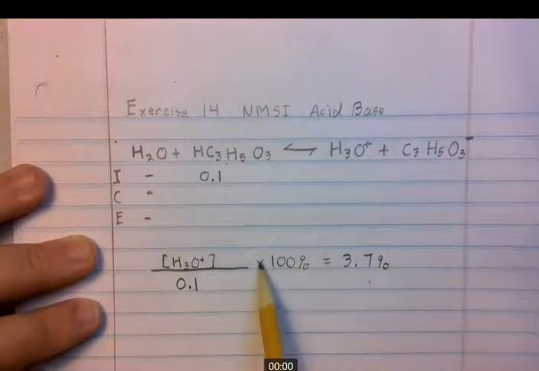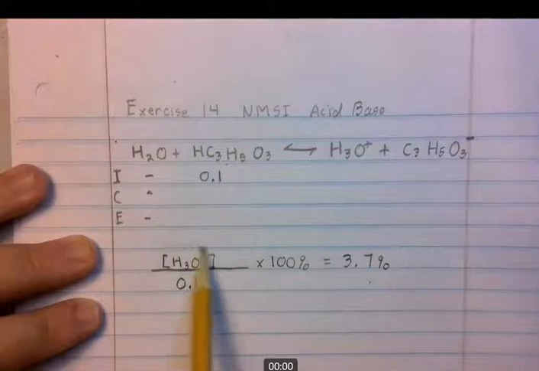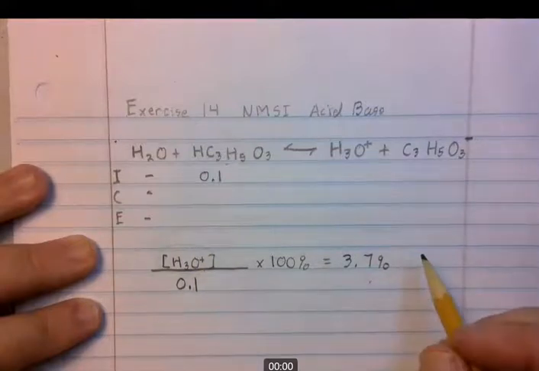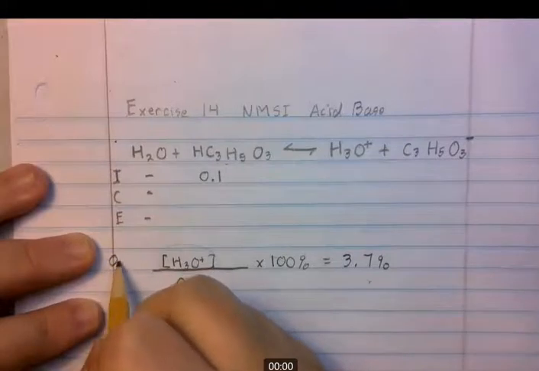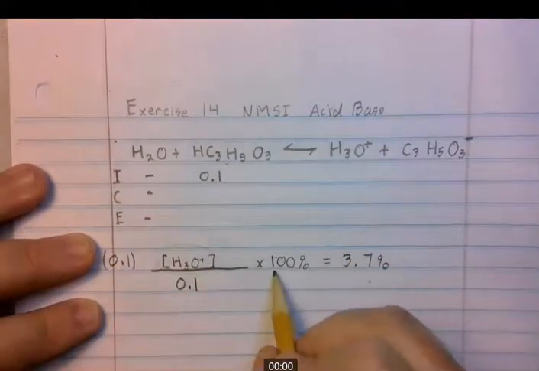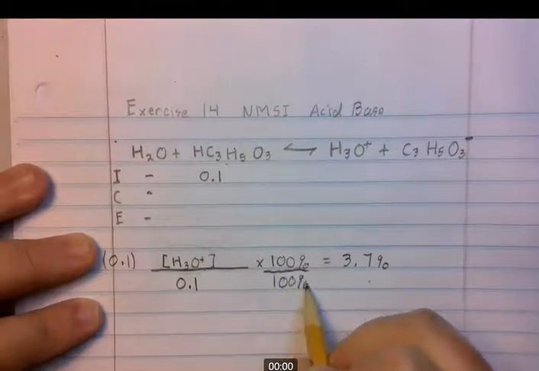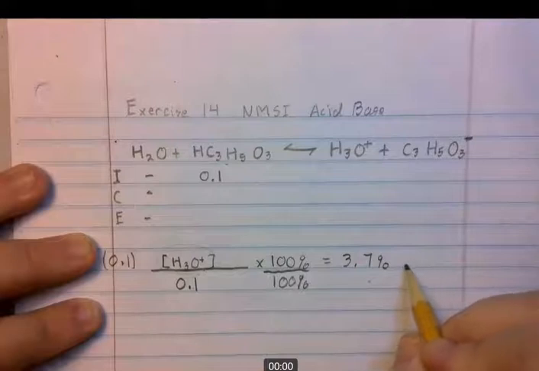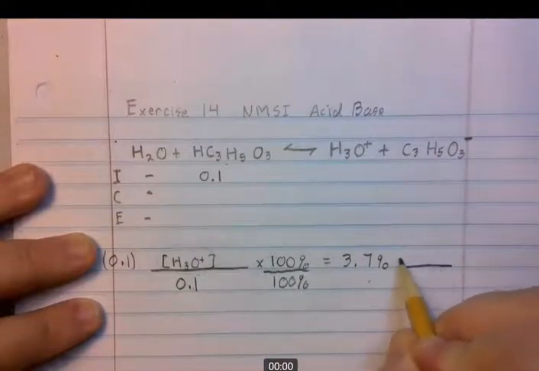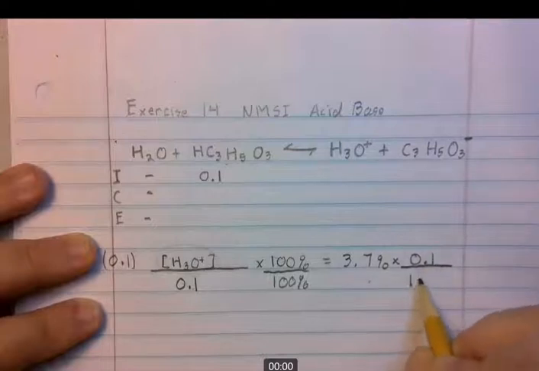So the 100 is going to disappear, the 0.1 is going to disappear on the left side, and we're just going to be left with the hydronium concentration. So 0.1 up here, and 100% down here, and then over on this side I'm going to have times 0.1 and 100%.